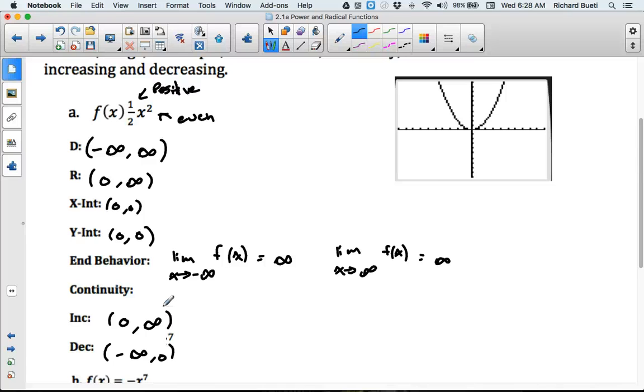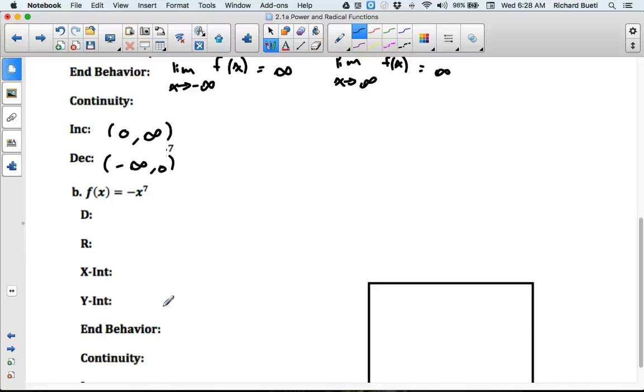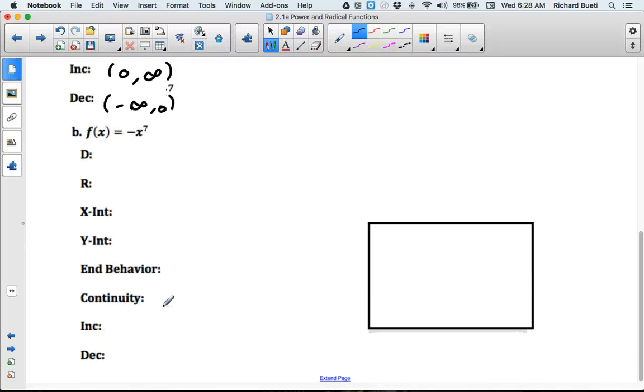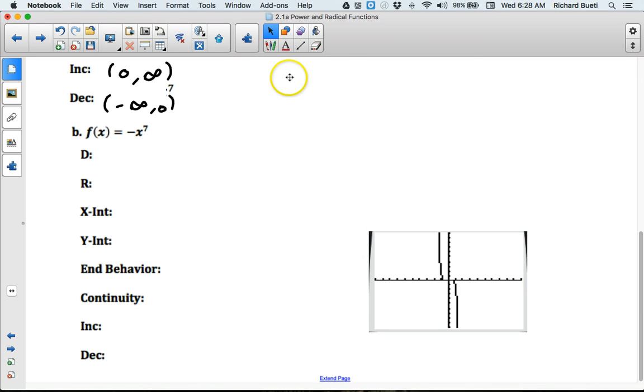Let's try one more. I have f of x is equal to negative x to the 7th. This is what my graph looks like.